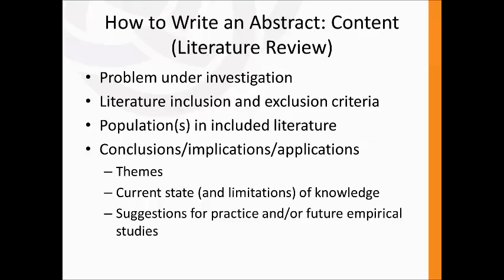And it ties in with this next point of the current state and limitations of knowledge. If there's a contradiction between one set of studies and another set of studies, then it's pointing to the fact that there has to be more work done to try to figure out why there is no consensus. And then that points to this last piece of suggestions for practice and or future empirical studies.